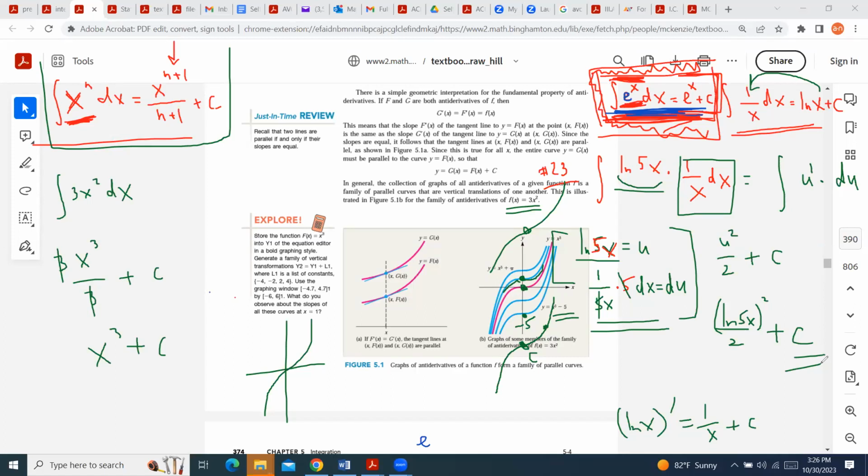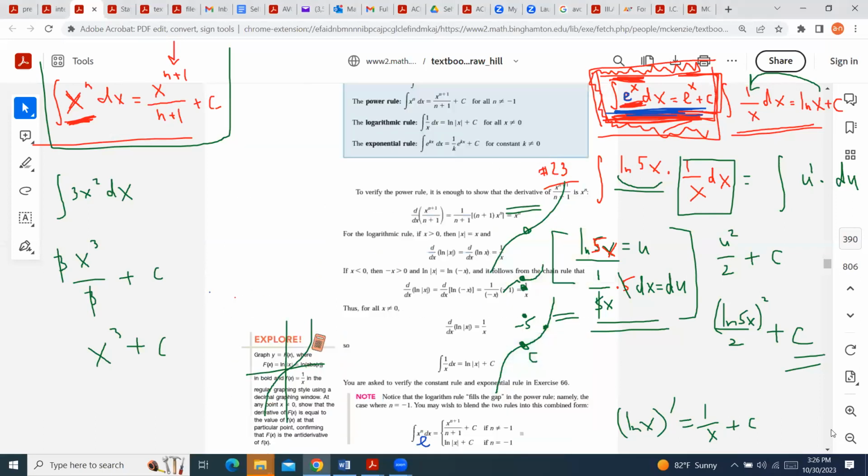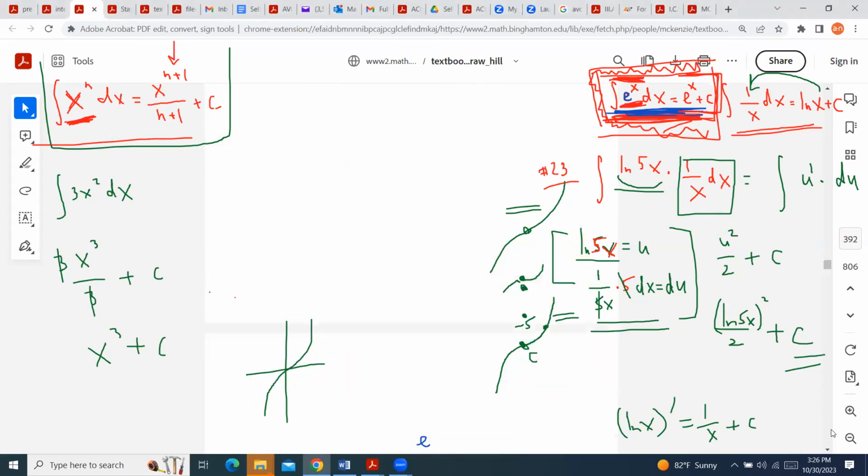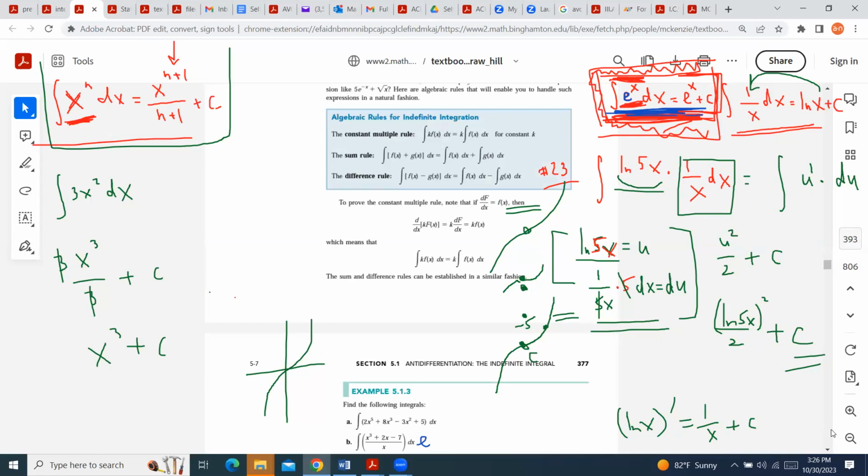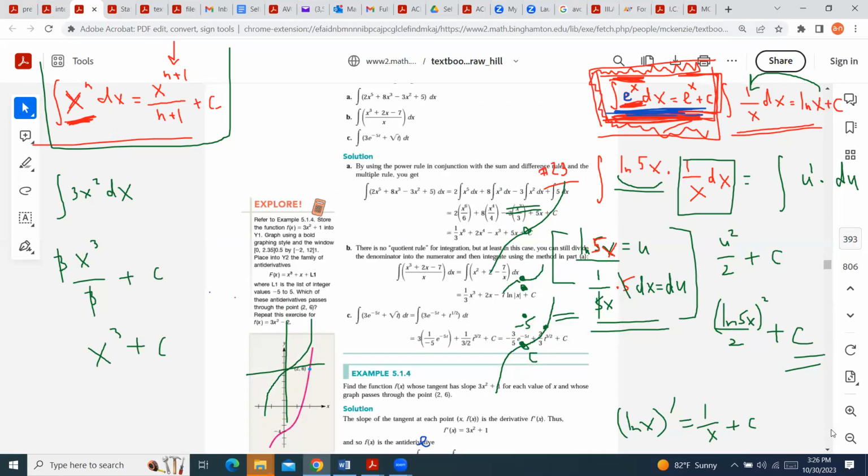Maybe next time I'll find a problem where we're going to find the antiderivative and then do one more step to find the constant. But first, I want you to really practice on this section 5.2. As I said, it's a key section for the rest of the class time, because we'll keep on dealing with finding antiderivatives and we'll use substitutions.